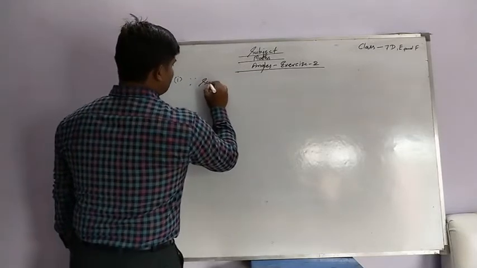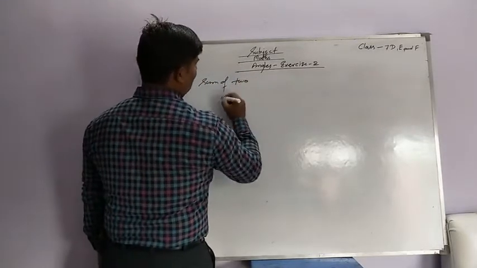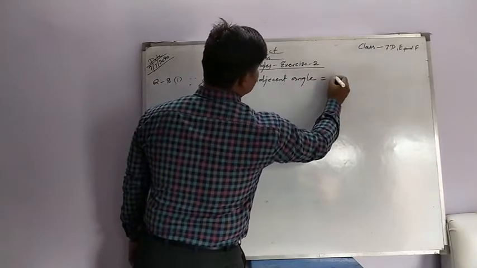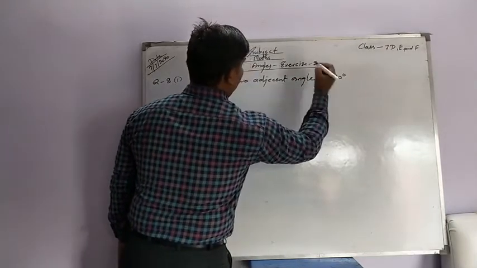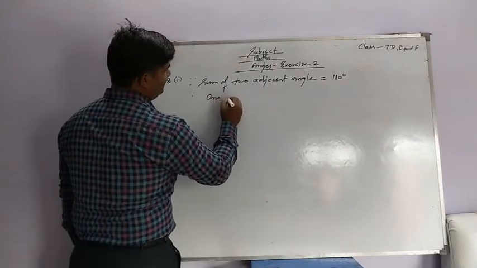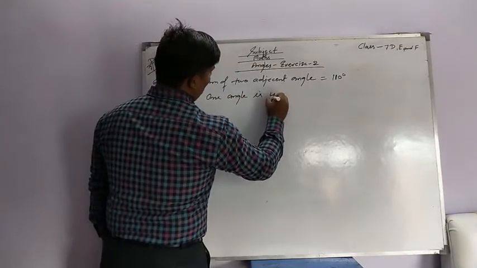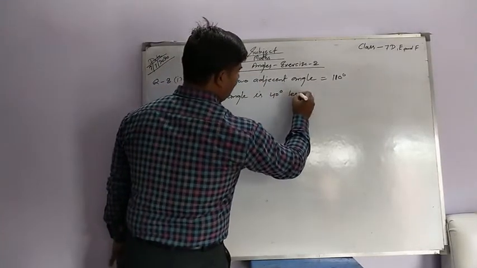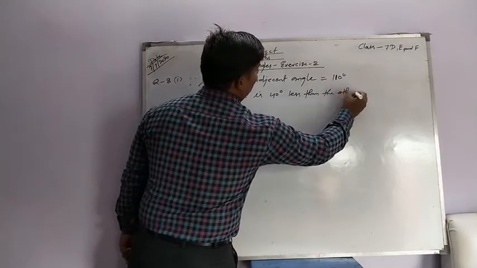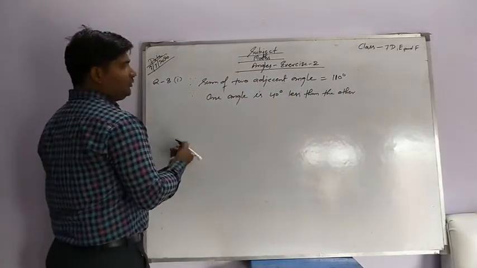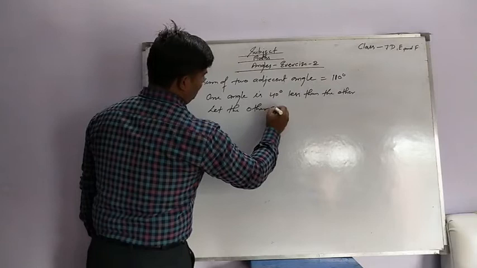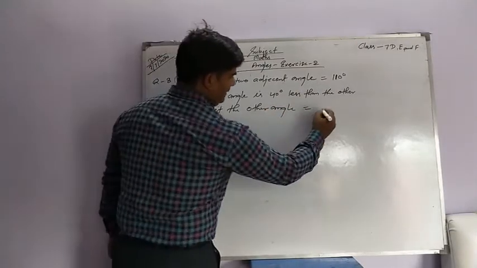Since the sum of two adjacent angles is equal to 110 degrees, and since one angle is 40 degrees less than the other, therefore we suppose, let the other angle be equal to x degrees.